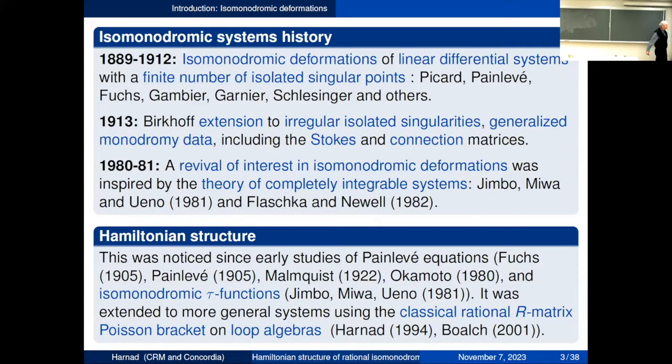So he introduced this notion of generalized monodromy data, which in addition to the monodromy, which is very simple, includes something much more subtle, which maybe not everyone has encountered, but is very fundamental in physics applications: Stokes phenomena. We know that in optics and other applications, we need to use the notion of Stokes parameters to describe the asymptotic behavior near a singular point that is not a regular singular point.